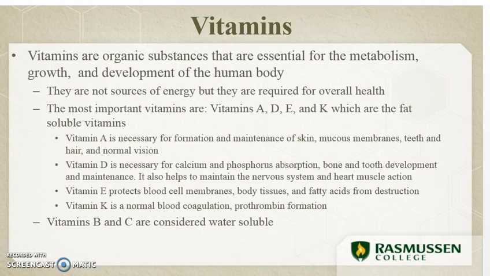Most vitamins cannot be formed in the human body, but vitamins A, D, E, and K are the fat-soluble vitamins, so they need fats in order to make it to the bloodstream and over to all the cells of the rest of your body. Vitamins B and C are water-soluble, so they need water to help get to the bloodstream in order to make it to the rest of the body.